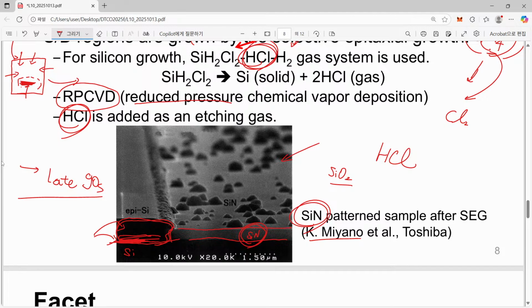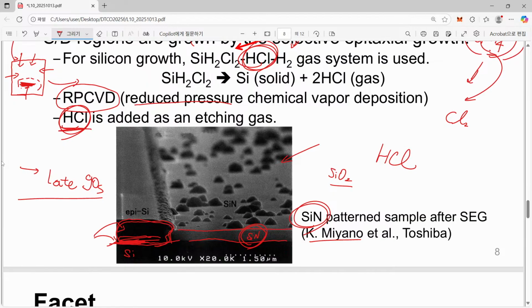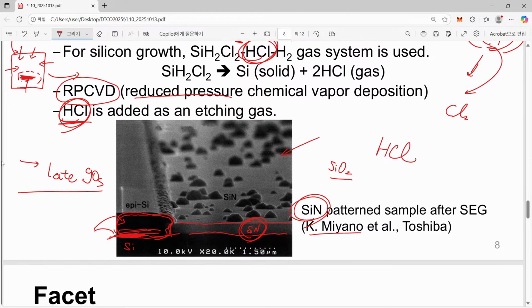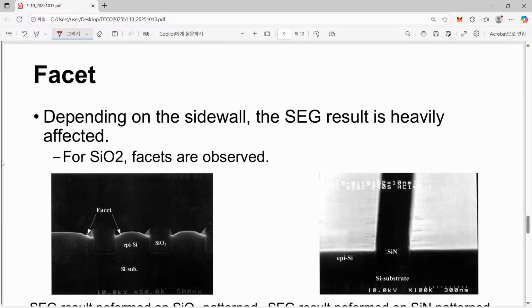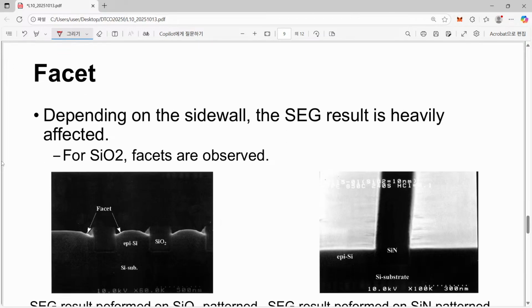If the growth rate on top of silicon is best, we just keep that one only. The other ones are just suppressed by this etching gas addition. So that is what we wanted to have.